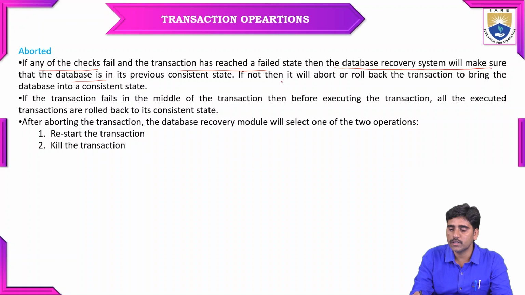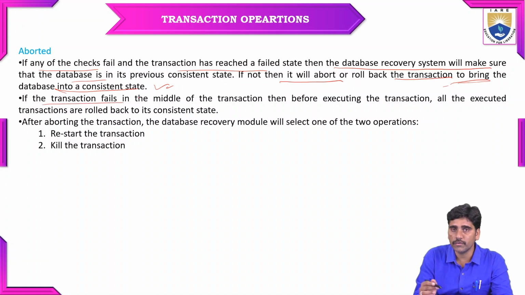If not, then it will abort or roll back the transaction to bring the database into a consistent state. So if it is not rolled back, it means it is in the previous consistent state. If it is moved into the rollback state, then the database is in a consistent state.